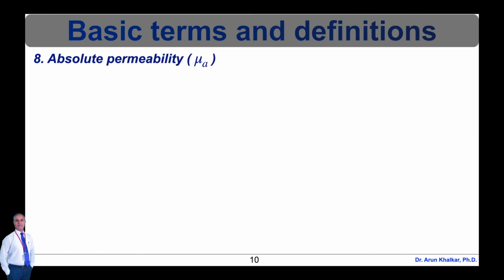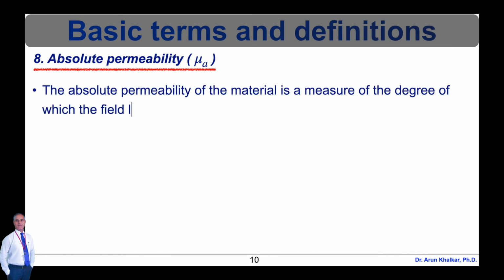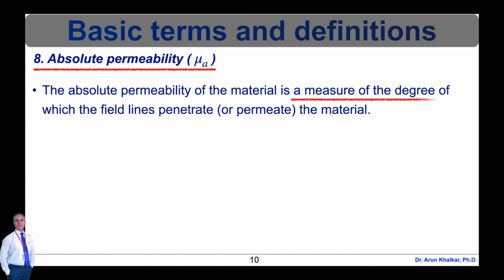Now let's see the next basic term, that is absolute permeability, which is represented by mu subscript small a. When a magnetic material is placed in a magnetic field, the magnetic field lines are redistributed and tend to pass through the material. The absolute permeability of the material is a measure of the degree to which the field lines penetrate or permeate the material.